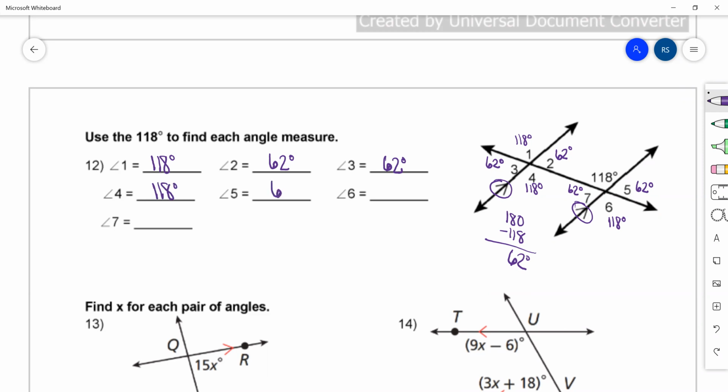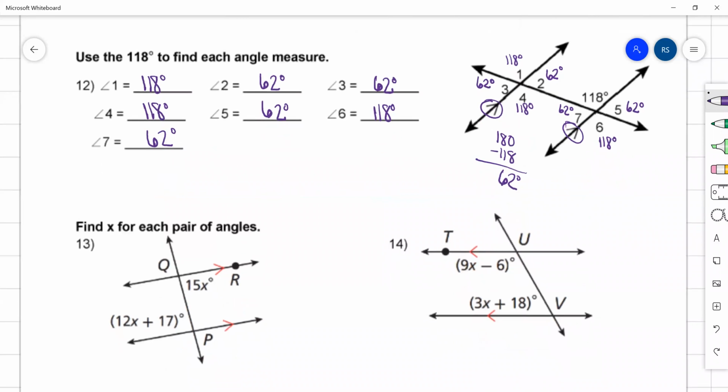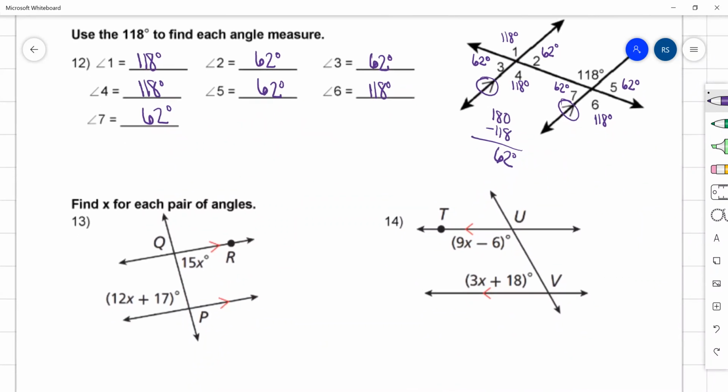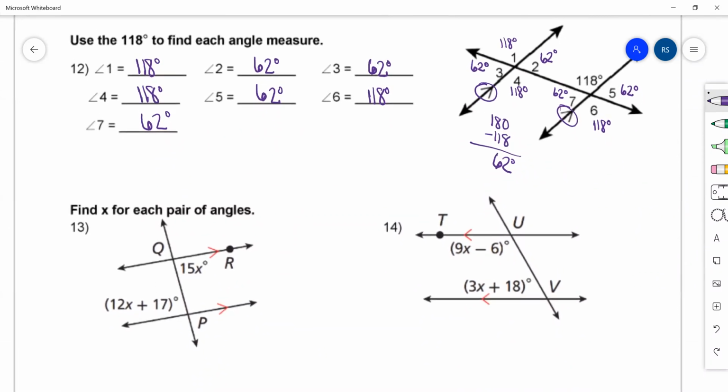Angle 5, we said was 62. Angle 6, we said was 118. And last but not least, angle 7, we said was 62 degrees. Okay, well, there's those.